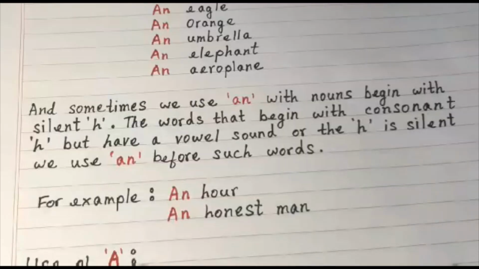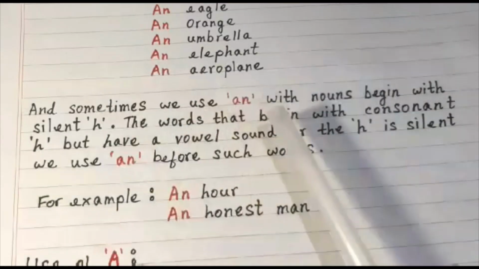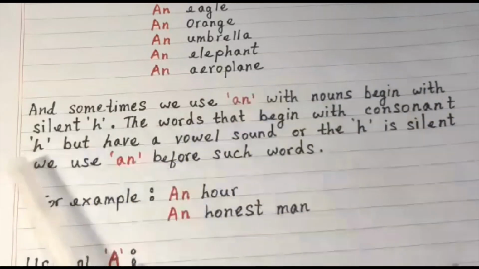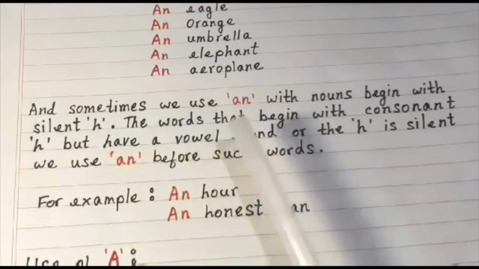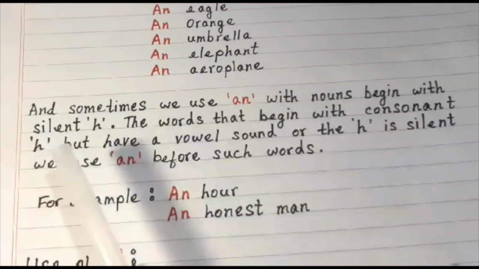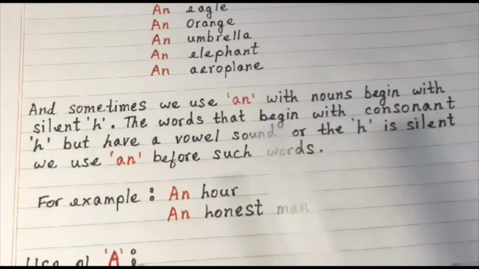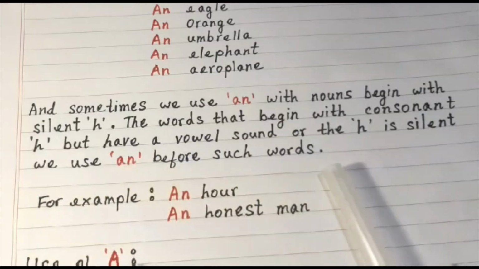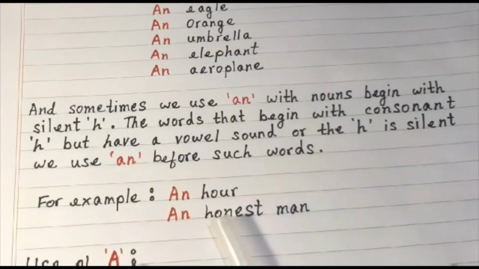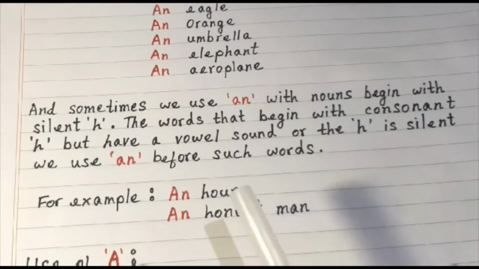And sometimes we use an with nouns that begin with a silent H. The words that begin with consonant H but have a vowel sound, where the H is silent, we use an before such words. Let's take the example hour. In the word hour, H is silent.